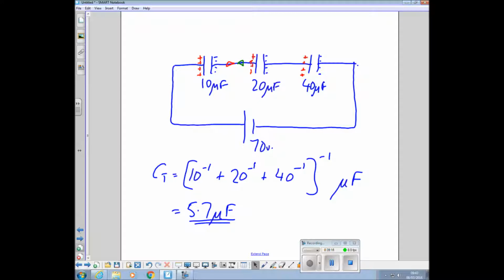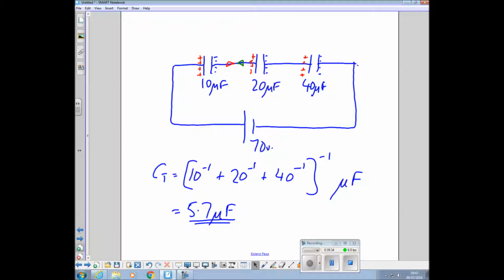It's not going through any other component, can't do any work. So we just said each of these has got 4 pluses and 4 minuses, the same charge on them despite being different values. And the 2 ends have got 4 pluses and 4 minuses on them.